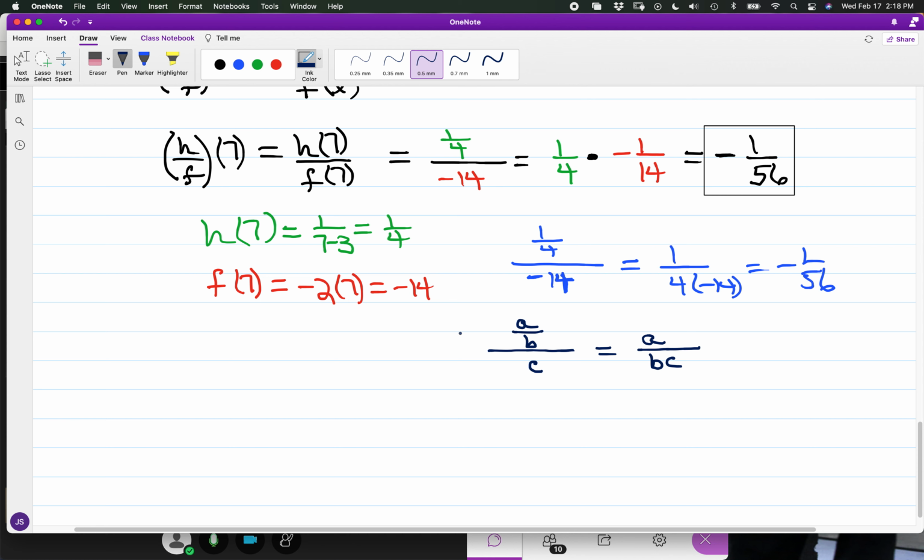Because I'll give you an instance. Say you have something like 3/4 over 7. If I'm dividing by a whole number, it'll be the same as multiplying by its reciprocal. I'll give you a little visual.